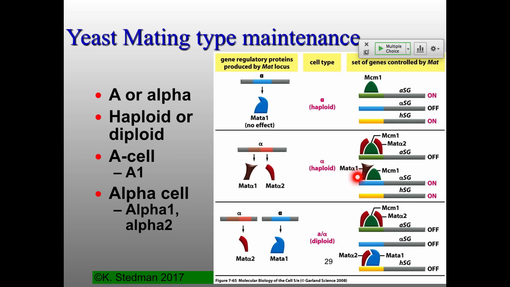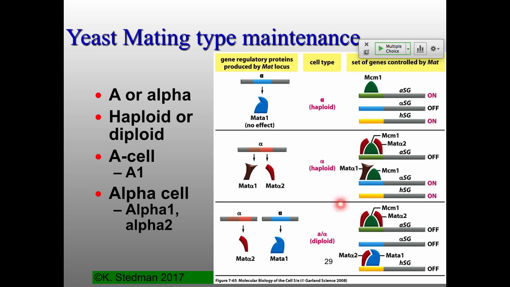MAT alpha 1 is a co-regulator that brings MCM1 to the alpha-specific genes. So MAT A1, MAT alpha 1, MAT alpha 2 gives you in your haploid cells A, because A1 does nothing, alpha, repressing A-specific and stimulating alpha-specific genes.